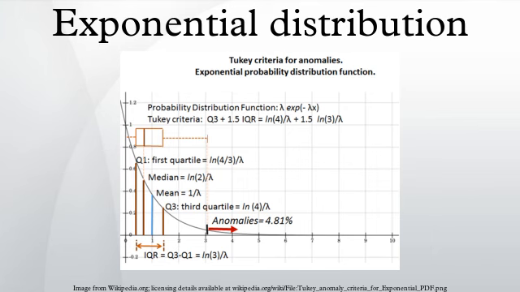Generating exponential variates. A conceptually very simple method for generating exponential variates is based on inverse transform sampling. Given a random variate U drawn from the uniform distribution on the unit interval, the variate has an exponential distribution, where F⁻¹ is the quantile function, defined by.